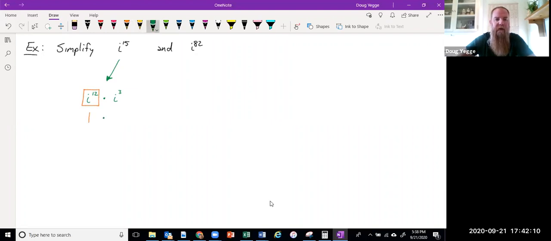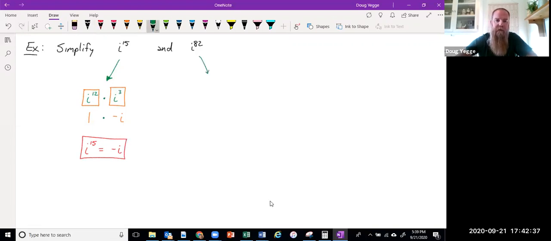And now I'm multiplying that by what I know i cubed is. But based on our pattern, i cubed is negative i. And therefore, i to the 15th is exactly the same as negative i. So it's not necessary to list out every power just to be able to simplify a power of i.